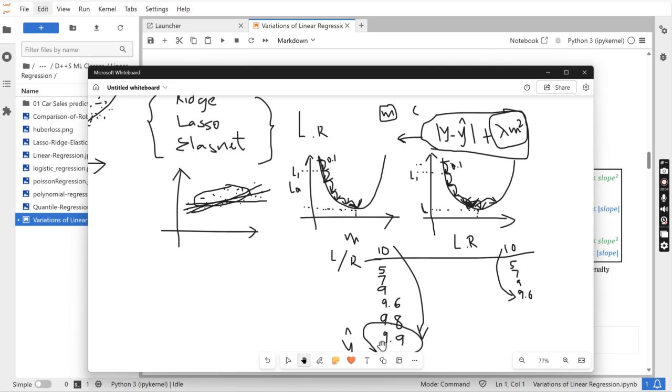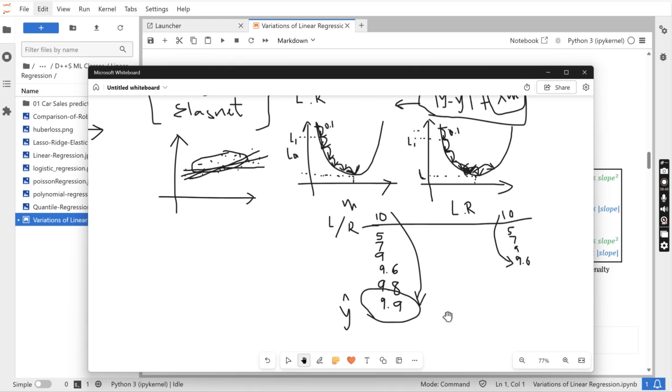It will keep slightly modifying the angle of that line to reduce those errors. And from there again it will go for the next iteration. So this way all these three work.